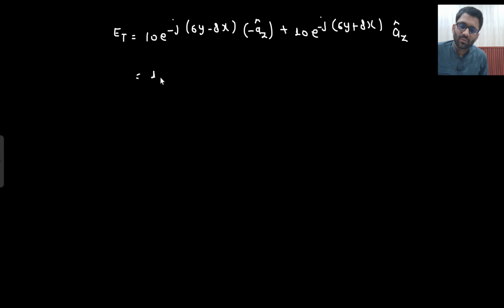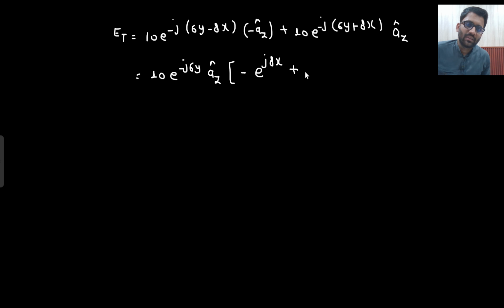So tan e to the power minus j 6y az cap, then minus e to the power j 8x plus e to the power minus j 8x. What we are taking is tan into e to the power minus j 6y az cap as common. So what I will be left with is a minus sign and e to the power j 8x plus e to the power minus j 8x.